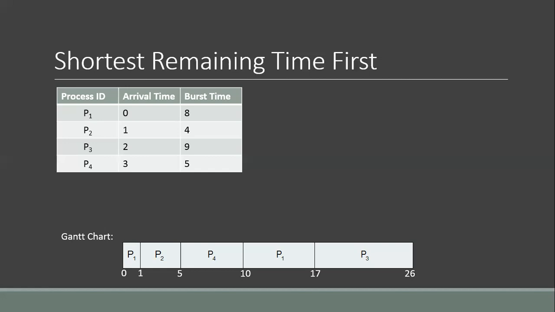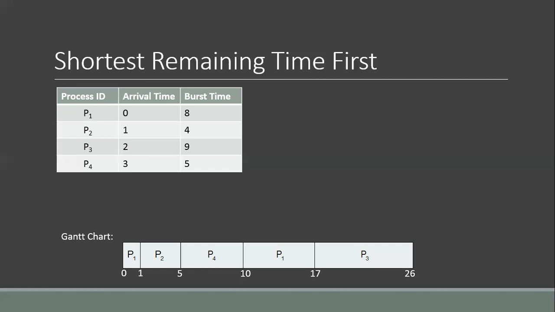While process P2 is running on the CPU, another process, process P3, arrives in the system at time 2. So we will compare the burst time of this newly admitted process with the remaining burst time of the process which is currently running in the CPU. The burst time of process P3 is 9, whereas the remaining burst time of process P2 at time 2 is 3.